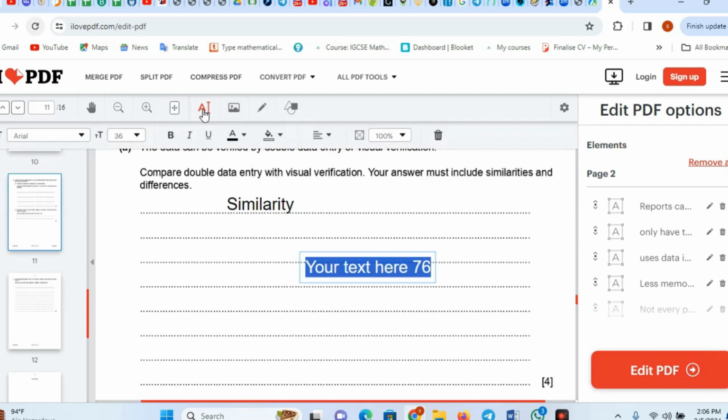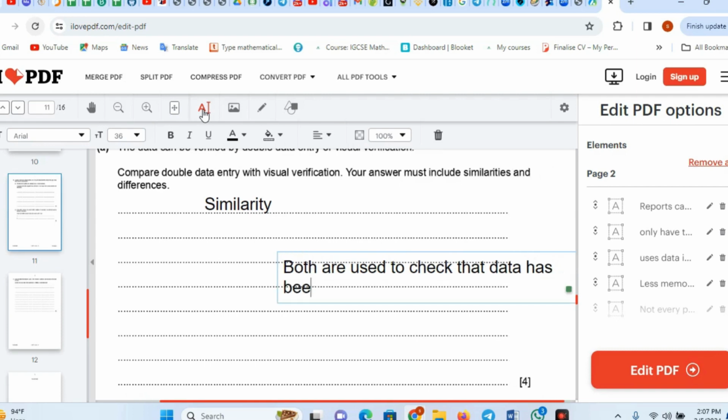One, both are used to check that data has been entered correctly.